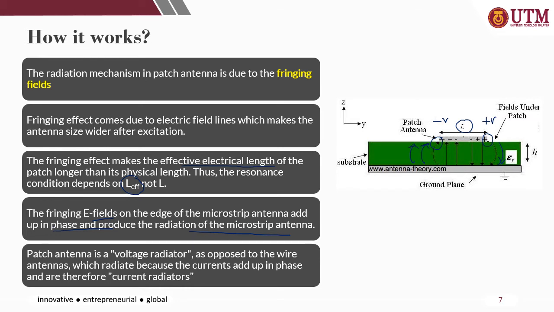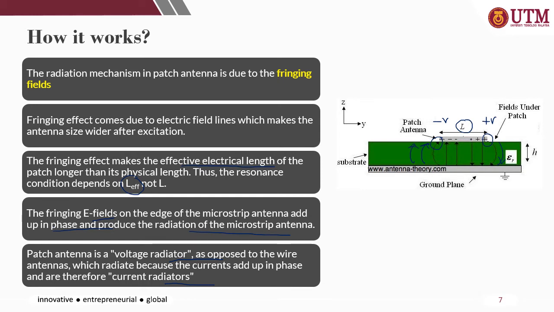But the current on the patch is in the opposite direction to the current in the ground plane, so therefore the current is cancelled out. That is why the patch antenna is also known as a voltage radiator, compared to wire antennas that are known as current radiators.